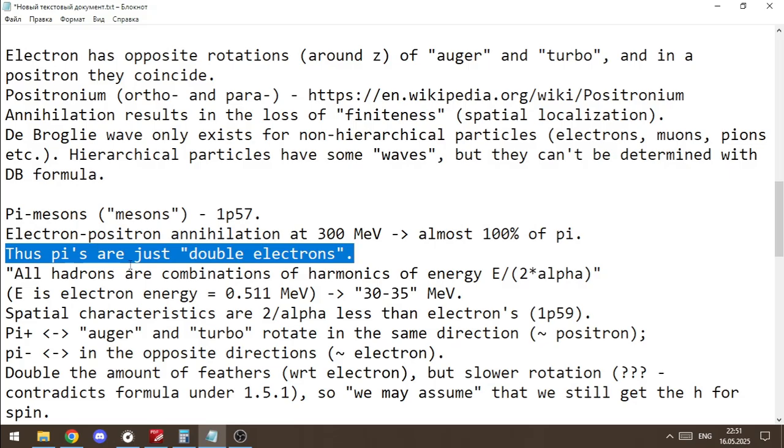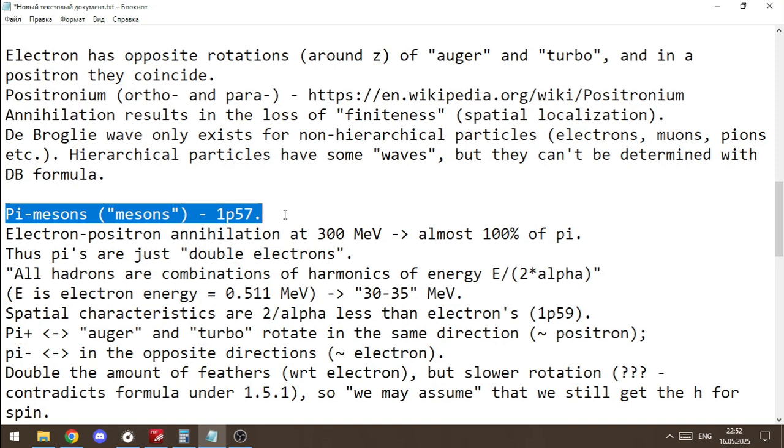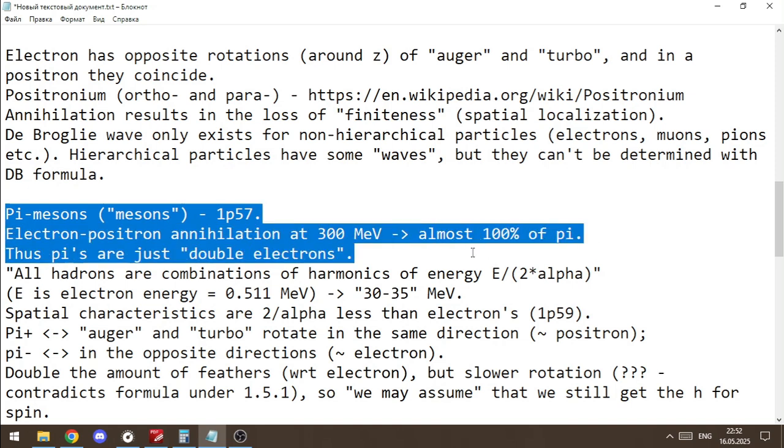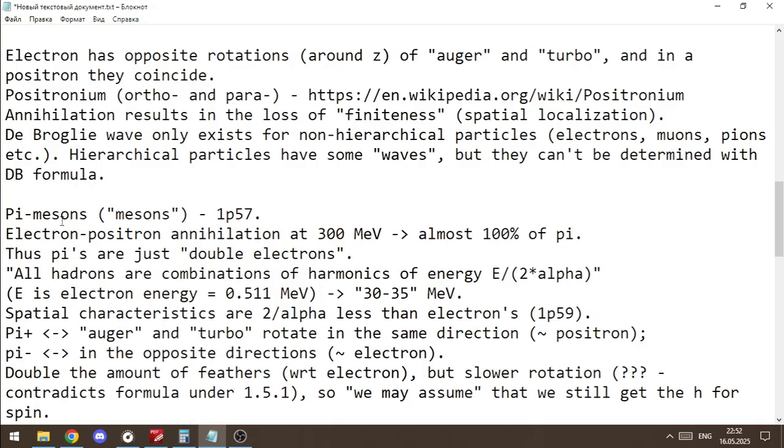And further, once we transition from electron to pion, Pi-meson, we transition to what he calls a hadronic sector. I mean, it's considered right now that Pi-mesons are hadrons, okay?